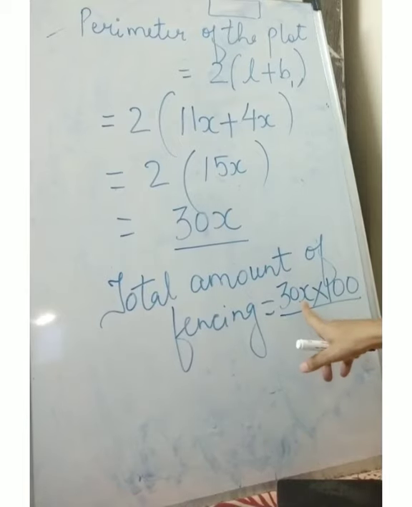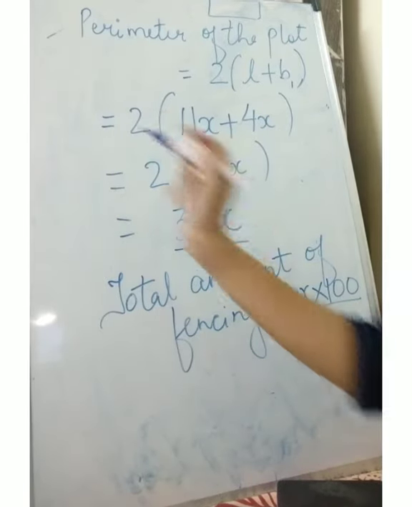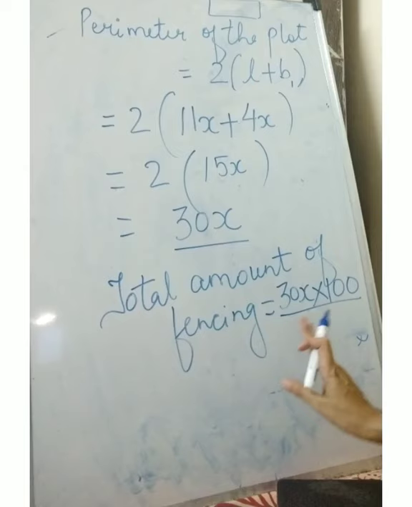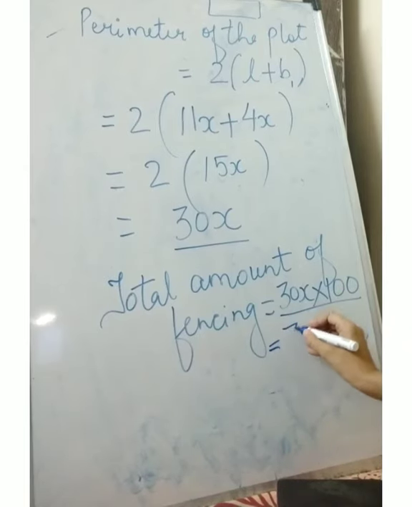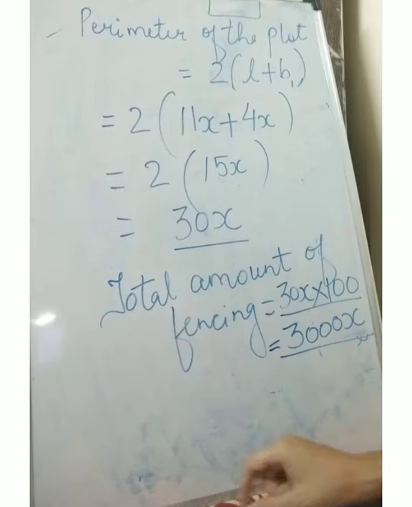That is why I have multiplied the perimeter of the plot, 30x, by 100. So 30 into 100 will be 3000x. So the total amount of fencing is 3000x.